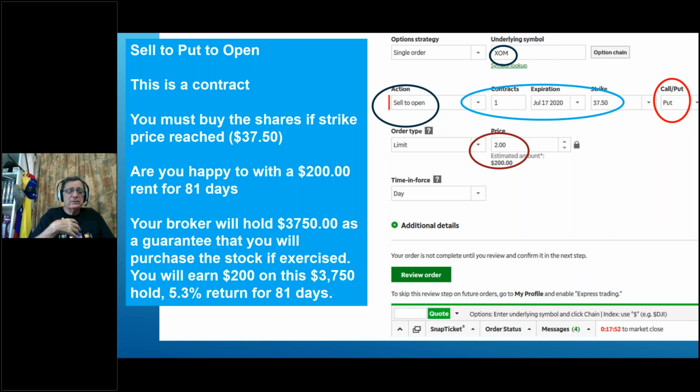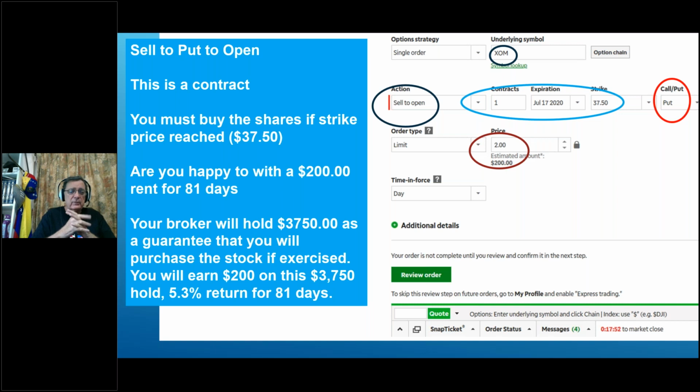They're going to hold it as a guarantee that I will purchase the stock if it's exercised. Those 100 shares, at the end of the period of time, boom, they're put to me. I have to buy. I have no choice. They're going to come into my account. So that $3,750 has to be in my account somewhere, either in cash or in a margin agreement, which means they will lend me the money to buy the stock.